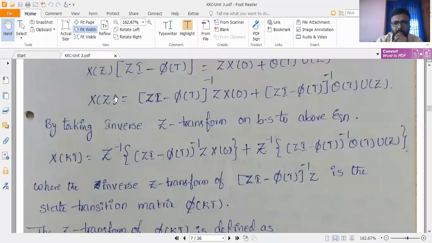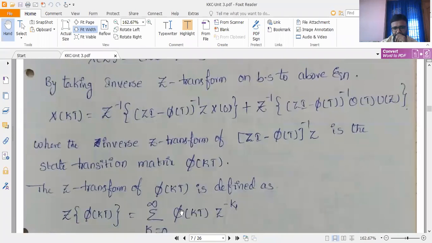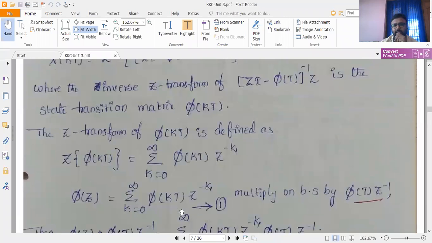Applying the inverse Z transform, we are going to get X(kT). This inverse Z transform of this particular expression is nothing but the state transition matrix, which is represented as φ(kT). Therefore, the Z transform of this state transition matrix is going to be taken as the sum from k equal to 0 to infinity of φ(kT) into z power minus k.